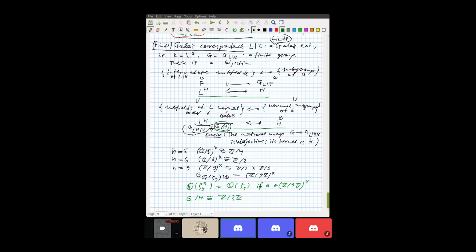So what should H be? Z mod 2. So what is Z mod 2 in terms of this group? It should be a group of two elements, so we just have to find an element whose square is one. Yes, so H is just plus or minus one.